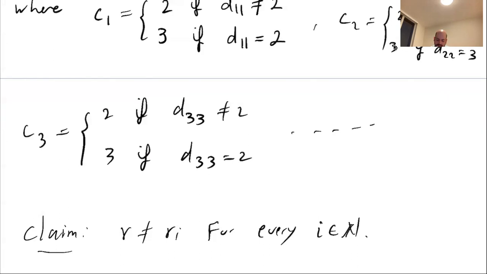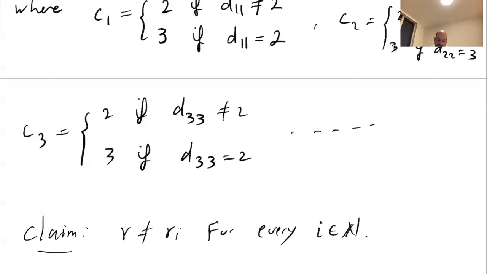Why? Because if D11 is equal to 2, then C1 is not equal to 2 because C1 is equal to 3, right? If D11 equals 2, C1 is 3, therefore it's not 2.